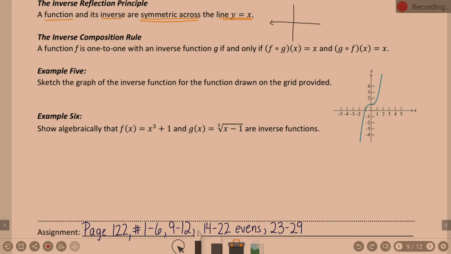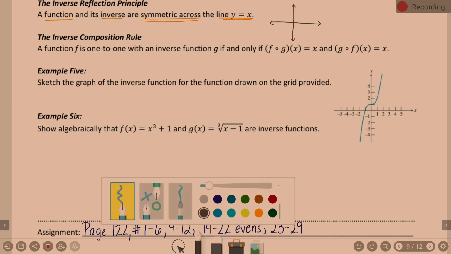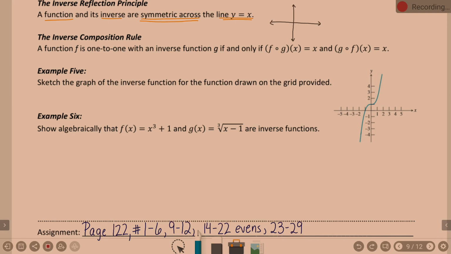That's the line that has a slope of 1 and a y-intercept of 0, right? I'm just trying to get you guys to think mx plus b. So it'd be 1x plus 0. Are you with me?